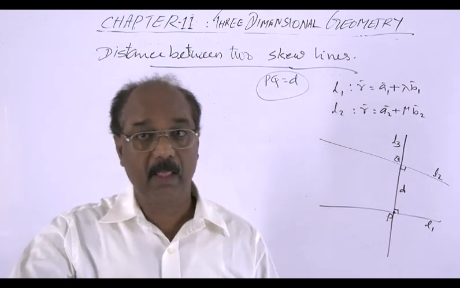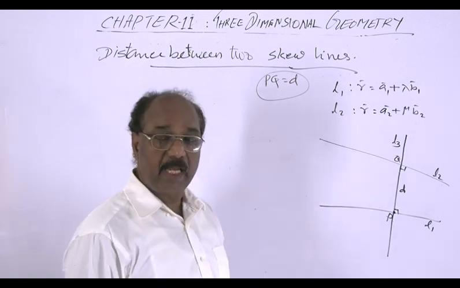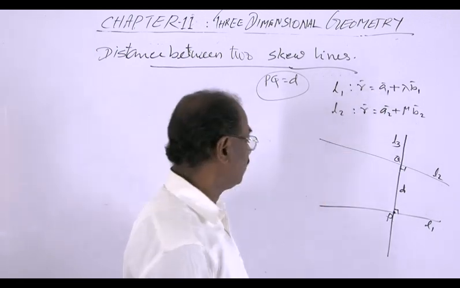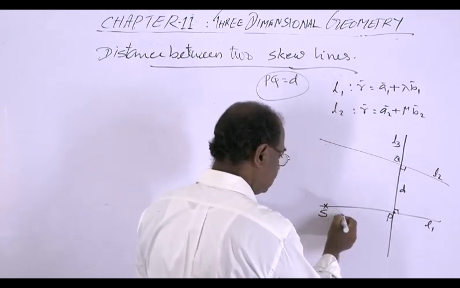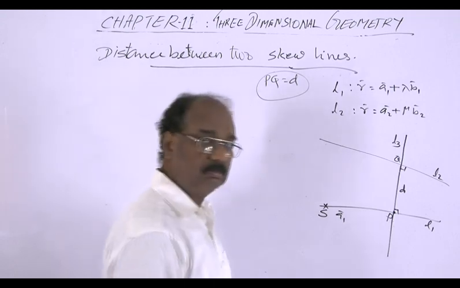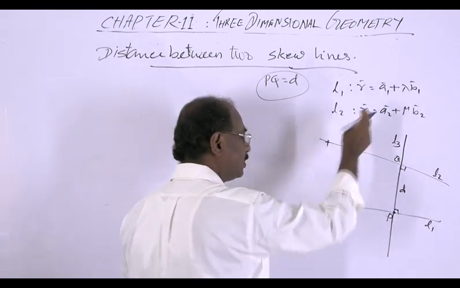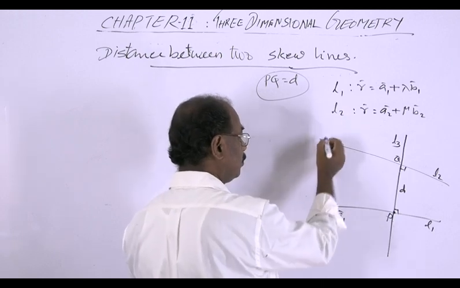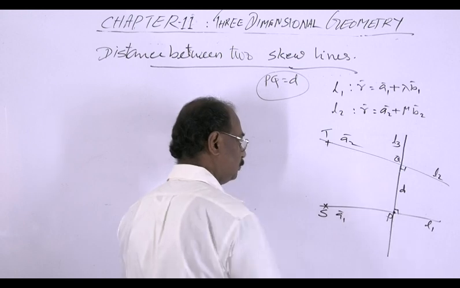And for this, we know L1 passes through a point whose position vector is A1. So suppose S is the point whose position vector is A1. And the second line passes through the point whose position vector is A2, and therefore suppose T is the point whose position vector is A2.